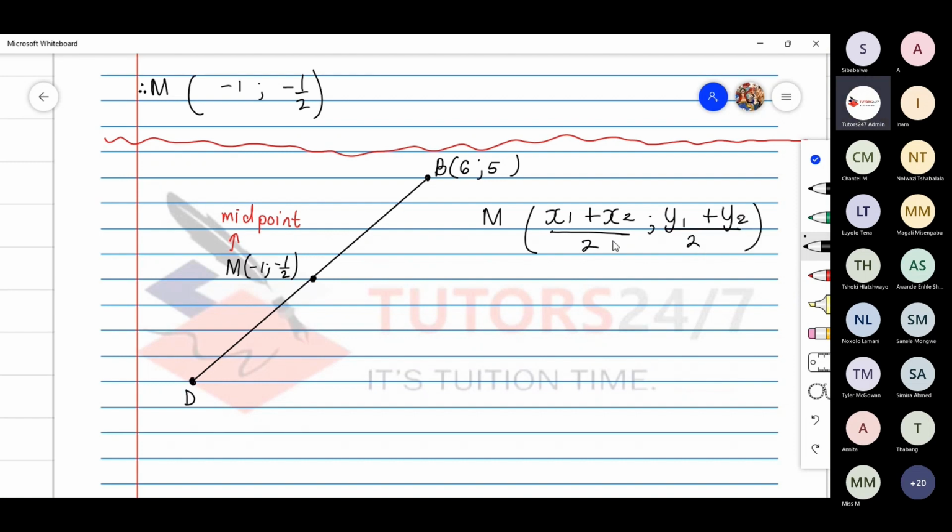And then because we have the coordinates of our midpoint, what we are going to do is break up this formula into the X and Y components. So we'll break this up into the X component.